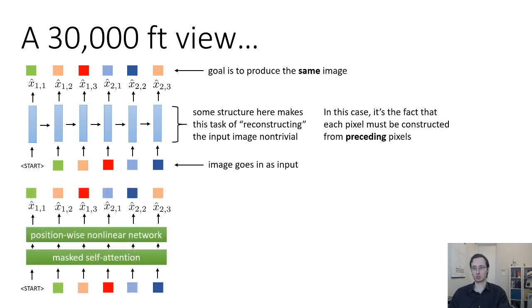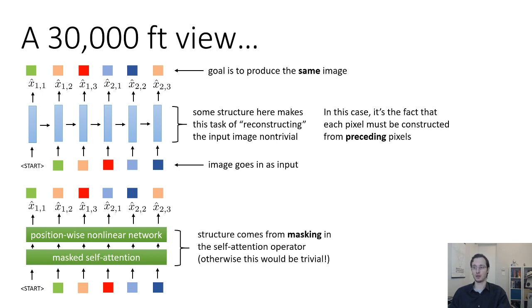Similarly, something like the image transformer also takes the entire image as input, and it produces the entire same image as output, but because it uses masked self-attention, that imposes structure which makes this problem of mapping an input to itself non-trivial. This is a good time to think back to some of the things we learned about when we talked about language models, things like BERT, right?